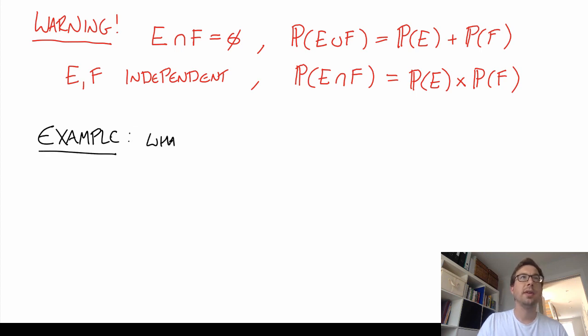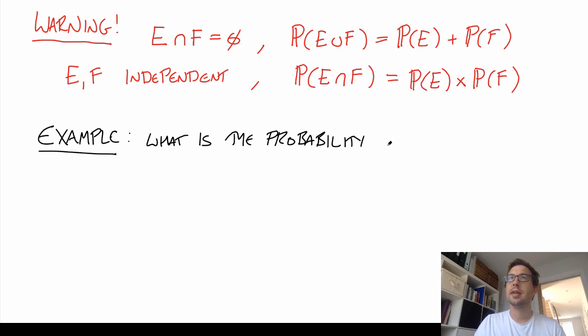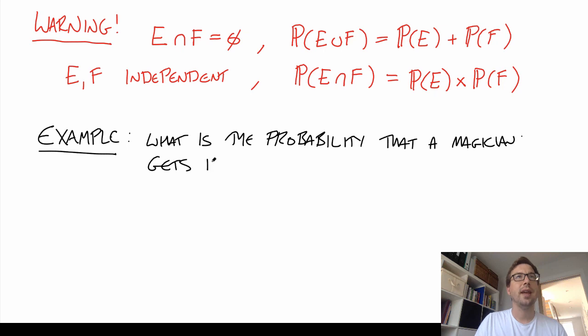What is the probability that a magician, or anyone really, gets 10 heads in a row?